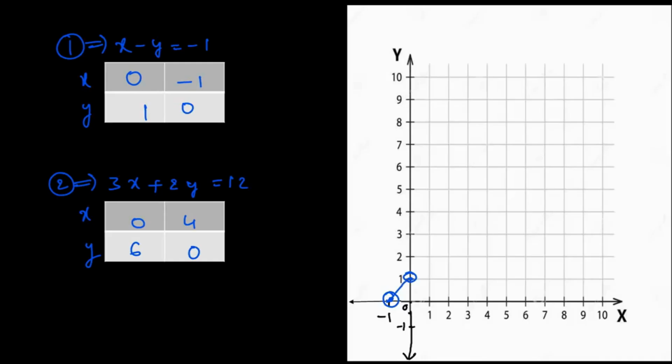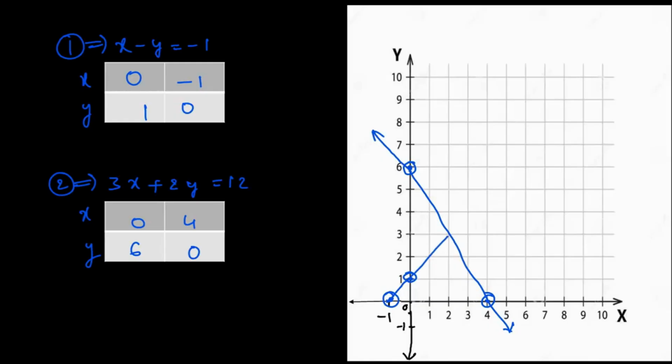And in the second equation, when x is equal to 0, y is 6. Here another point on the y-axis again. When x is equal to 4, y is 0. Now on the positive x-axis, join these 2 points. Use scale and just join these 2 points correctly. So this is one line.